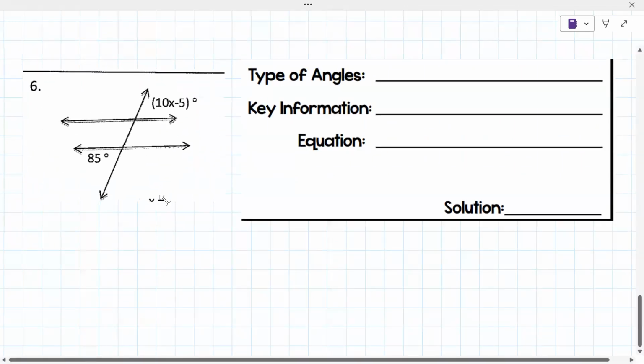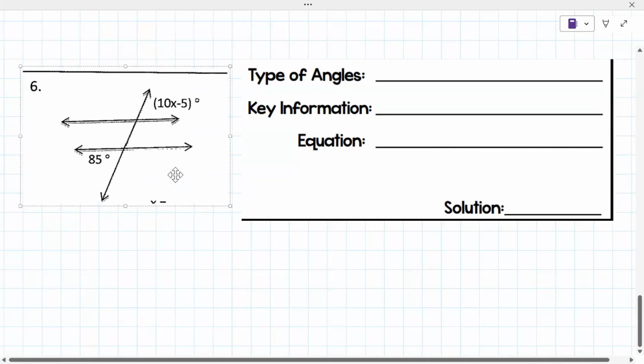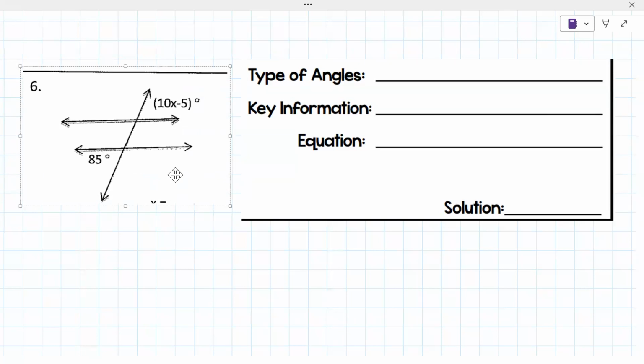All right, so what type of angles are these? Alternate exterior. Yes. And are these congruent or do they add up to something? I think they're congruent. They are congruent. So then my equation would be 10x minus 5 equals 85.